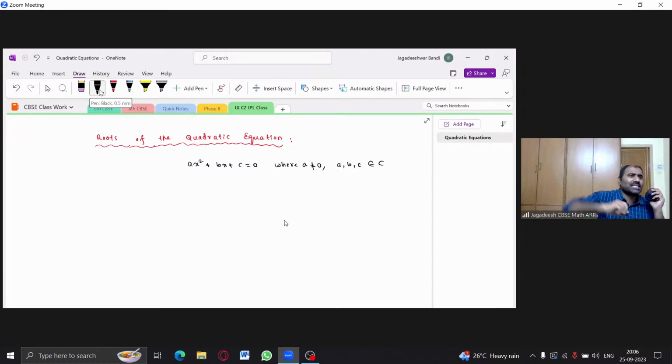Now let us talk about the root. The values of x for which the equation satisfies are called a root, or also called a solution.